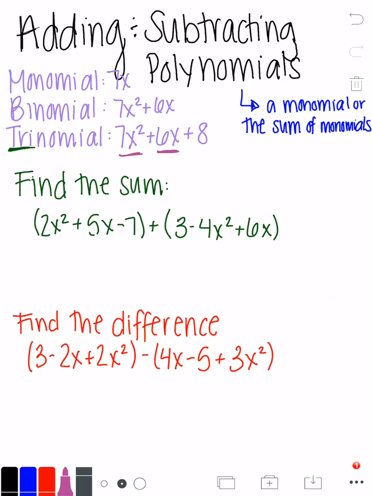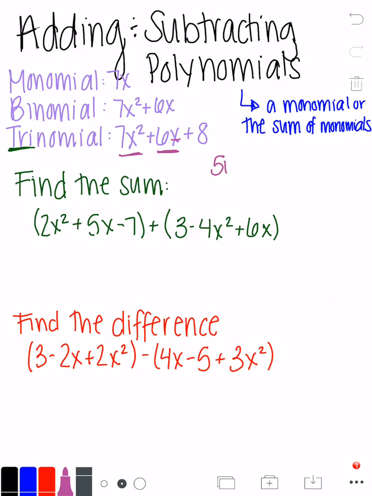So the greatest degree is 2. Therefore, we would write it just like this: 7x squared plus 6x plus 8, because we have to put our largest degree first. Our leading coefficient would be 7, and we would call this a polynomial, and this would be writing it in standard form.